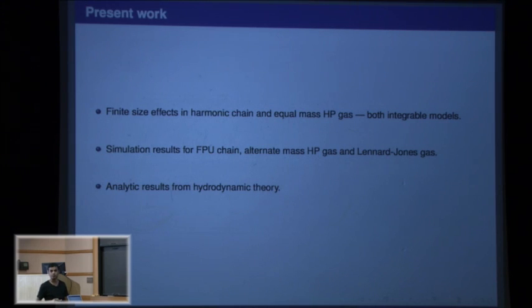Is there a simple way to understand why one might expect 1 over T cubed behavior? How do I see that intuitively, if that's actually what goes on? Do you believe it's actually 1 over T cubed? For the equal mass, it's an exact result. Yeah, but even in equal mass, is it easy to explain why?